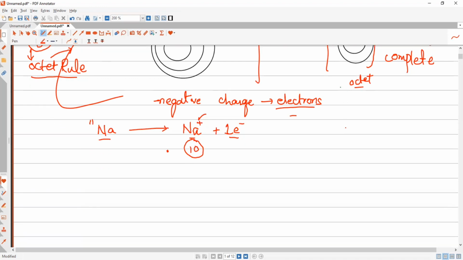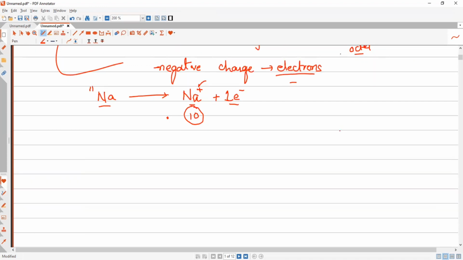In the same way, there are some atoms in the periodic table that can't lose electrons, but they can gain electrons. For example, chlorine. Chlorine belongs to group 7 of the periodic table, and it has atomic number of 17. So when we arrange these 17 electrons in different shells, the structure of chlorine is like this.